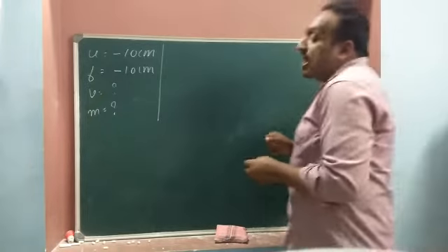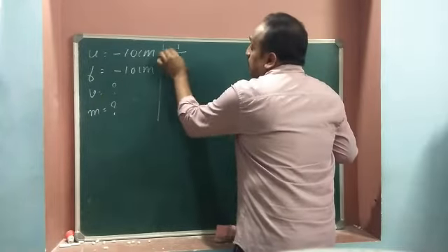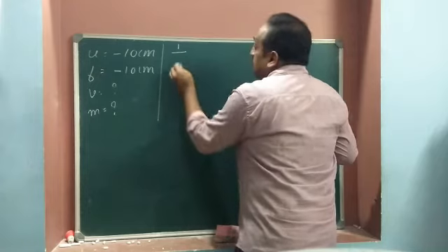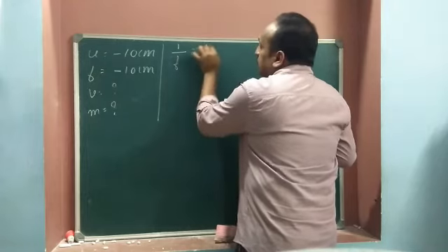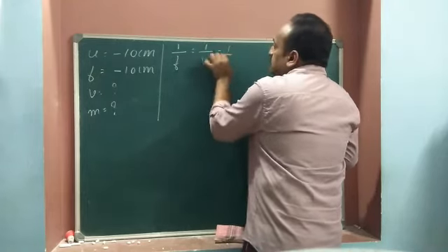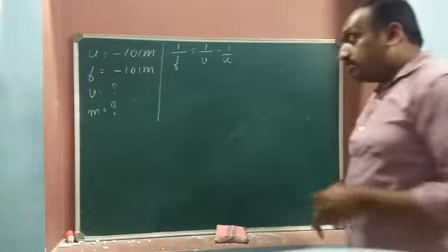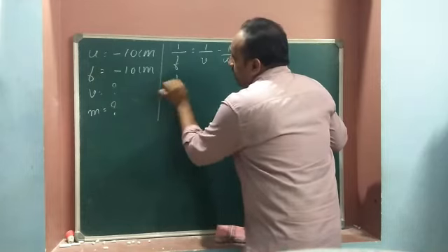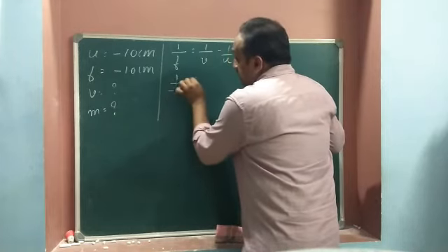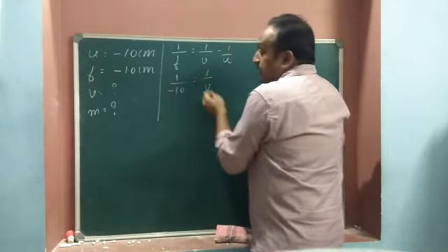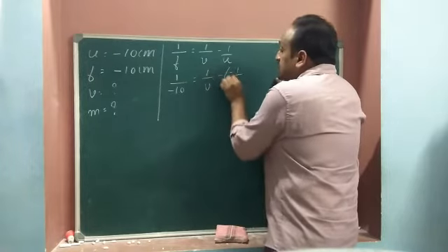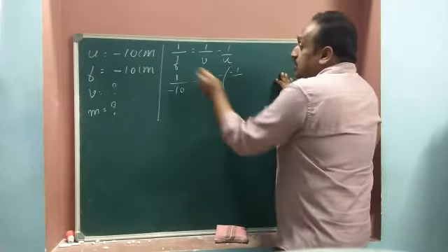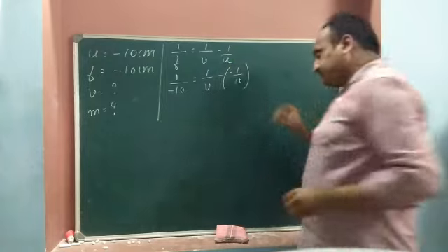To find the value of V, first substitute the values in the lens formula, that is 1 by F is equal to 1 by V minus 1 by U. Substitute the values: 1 divided by minus 10 is equal to 1 by V, which I don't know, minus of minus 1 by U, that is 10.